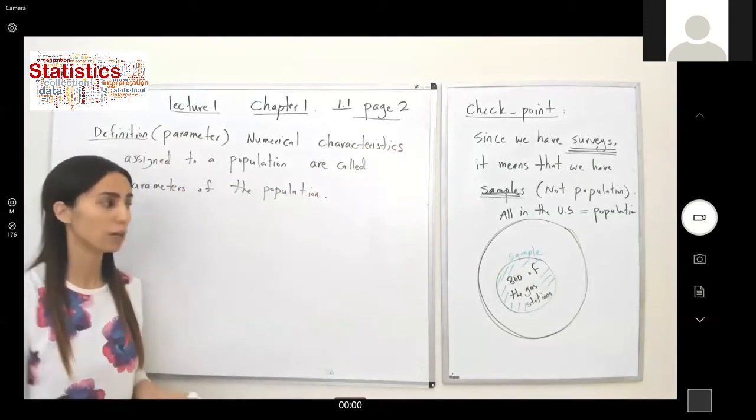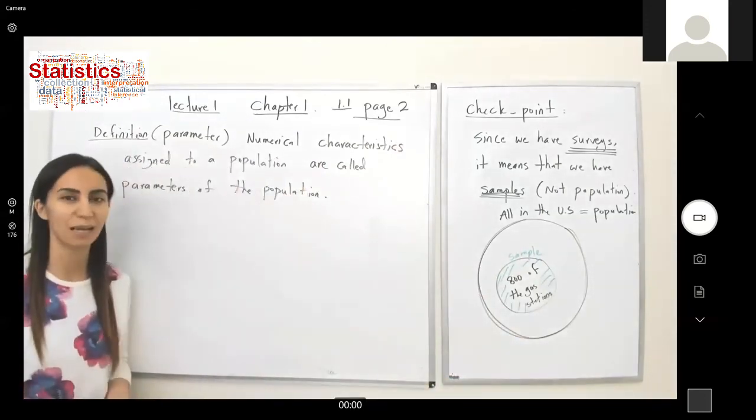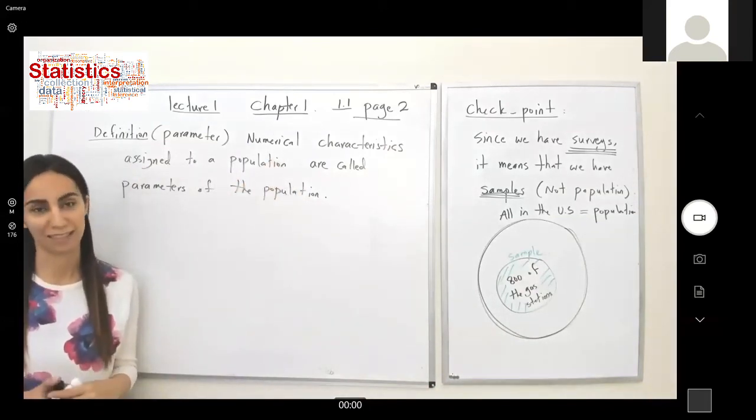So when we are talking about a smaller portion of that population, or a sample, we don't call them parameters. We call them statistics.